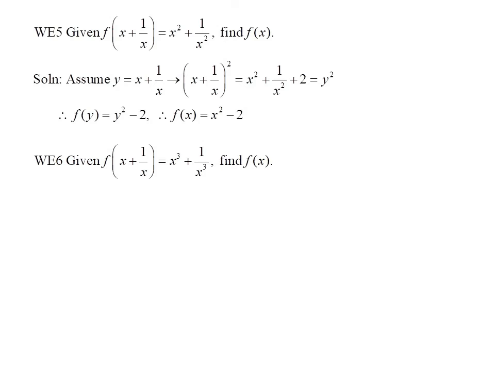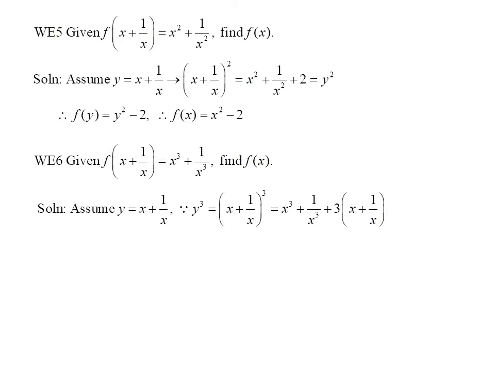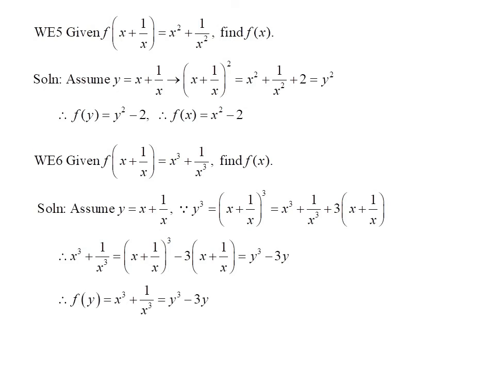As we did in example 5, by assuming y = x + 1/x, and then cubing both sides of the equation, it becomes y³ = x³ + 1/x³ + 3(x + 1/x). After simplifying the equation, we have f(y) = y³ - 3y, which is equivalent to f(x) = x³ - 3x.